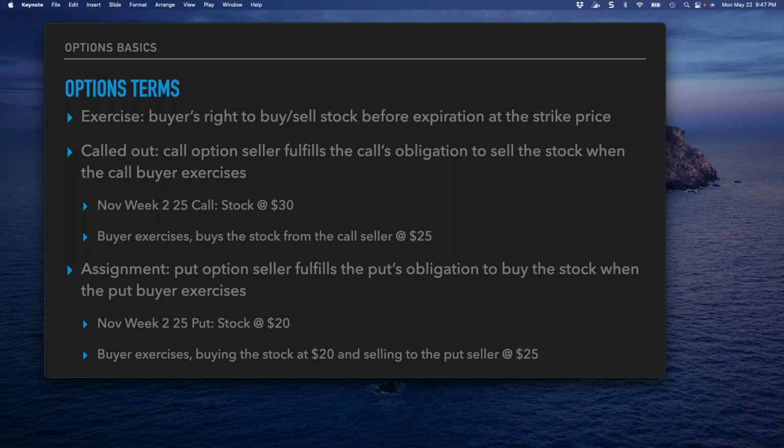That means that even in this example, if the stock is at $20, if my analysis strongly suggests that the stock should be worth more than the $25 I was assigned, I won't be afraid to accept that assignment. There are variations on a theme, and some put option sellers prefer not to be assigned, and that is when taking actions like buying the put option back from the market becomes appropriate.